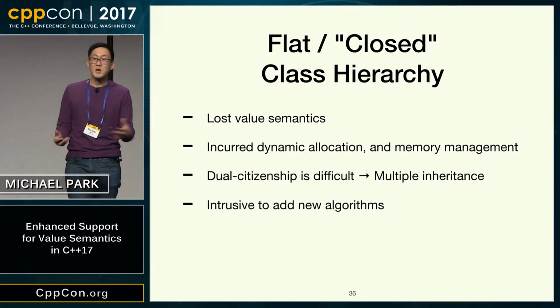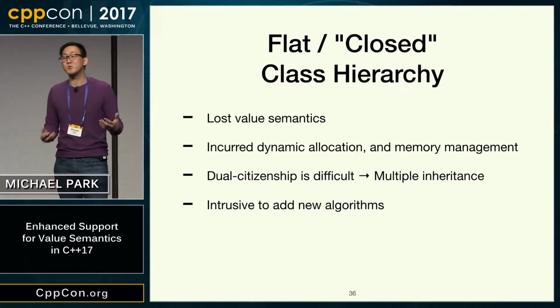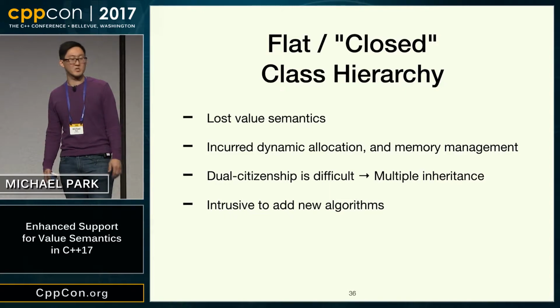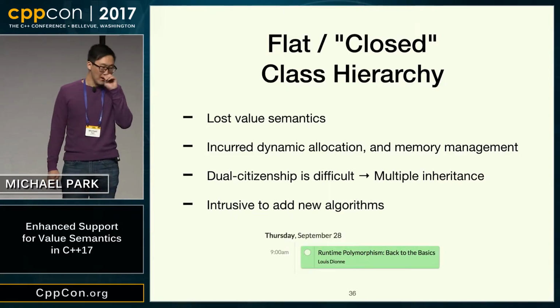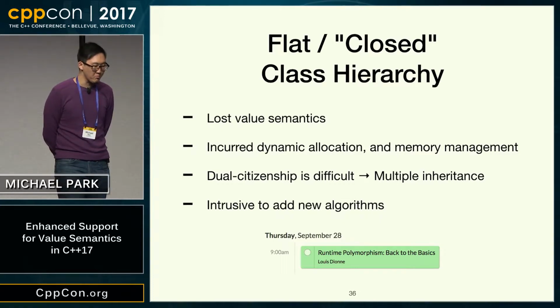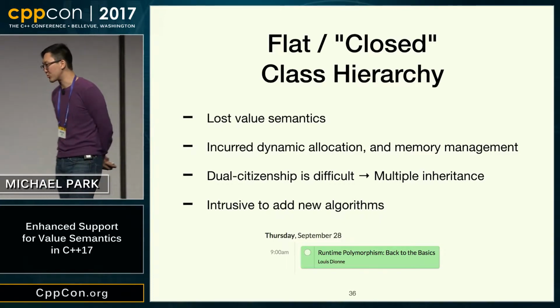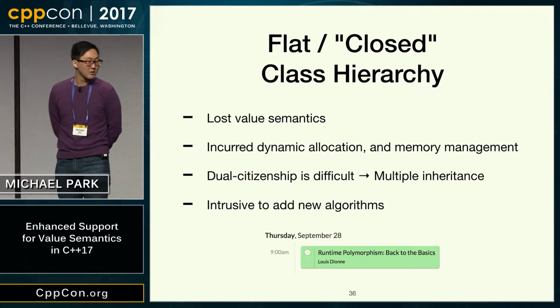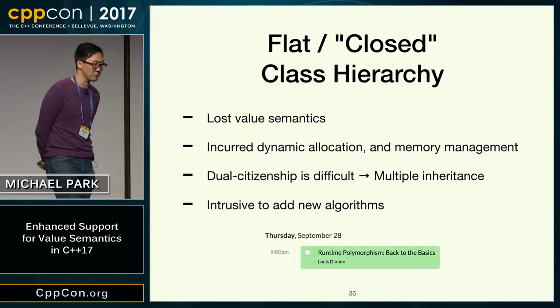So it's grouped by type as opposed to algorithms, and sometimes we want them grouped by algorithms so that it's easier to see what's going on. If you want to learn more about why classic polymorphism is not great, Louis has a talk on Thursday that you can go and check out.